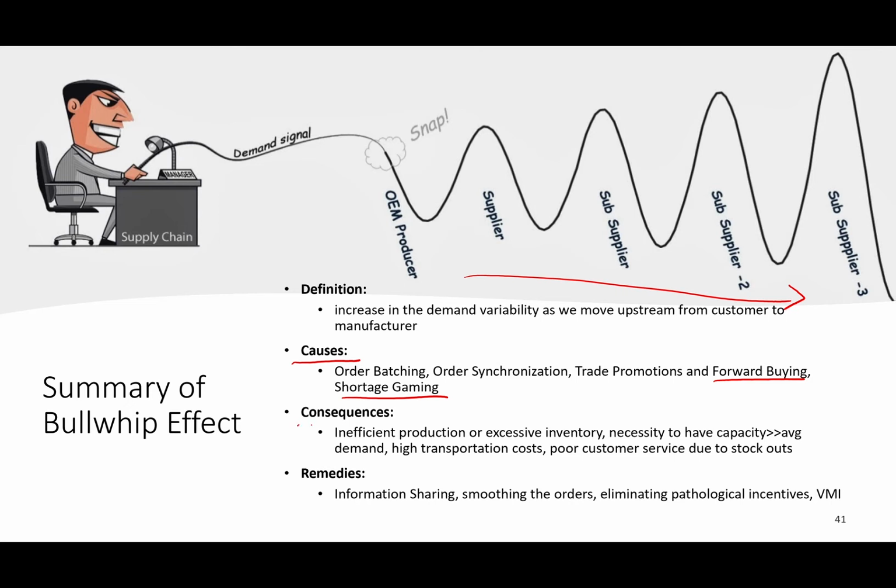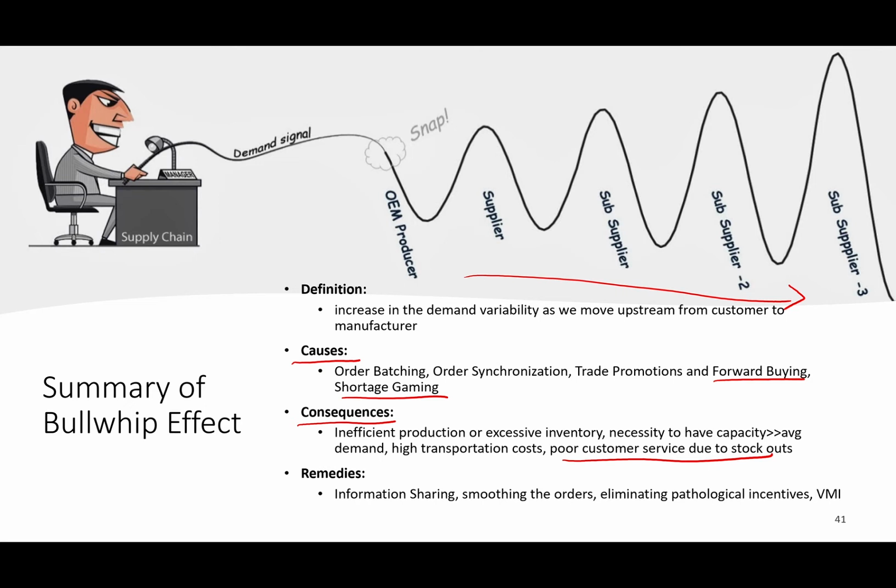Then next we understood the consequences. So we understood that this increase in demand variability actually is inefficient. It leads to inefficient production or an excessive inventory. It could also lead to poor customer service due to stockouts, right? And then when we were playing the beer game, we experienced these things.